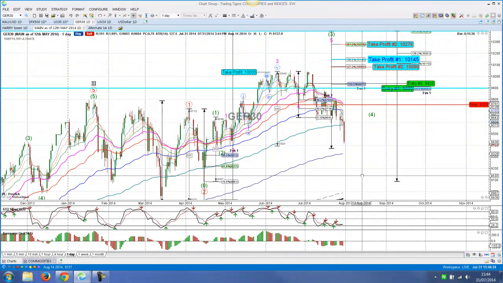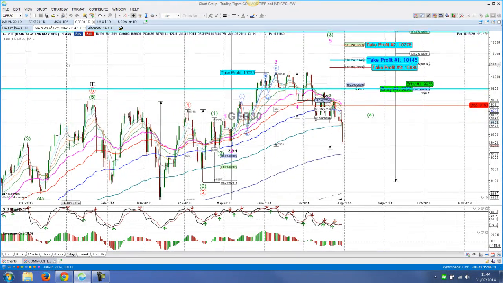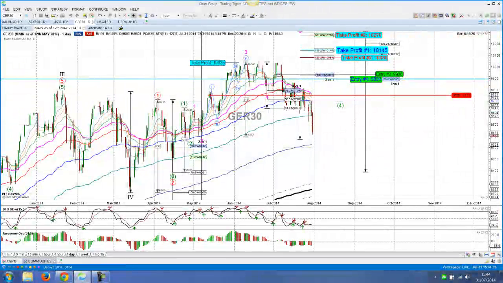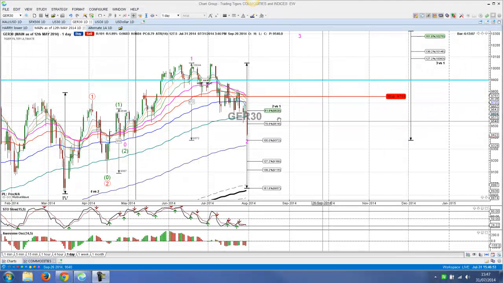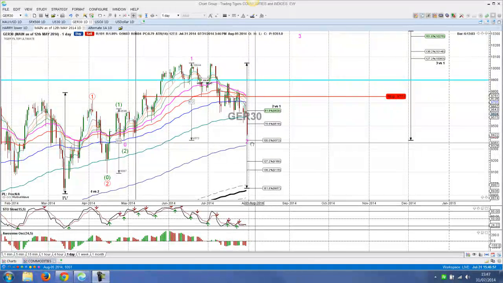Here we have another view of this. We can call this our main count actually, and as you can see, price is dropping further. So we're looking at the main count, and as you can see, the level is close to the 100% level.